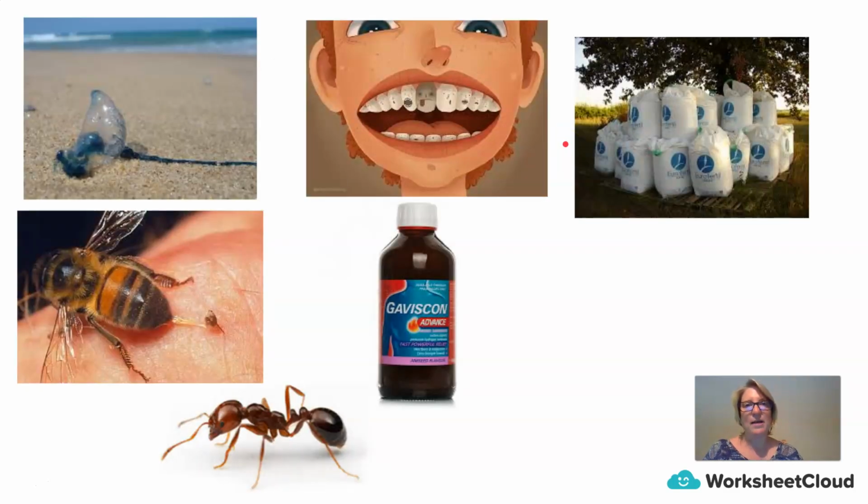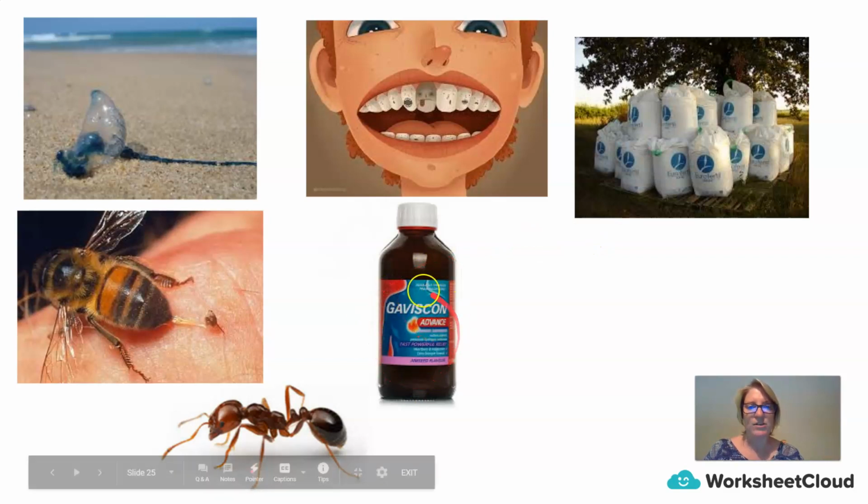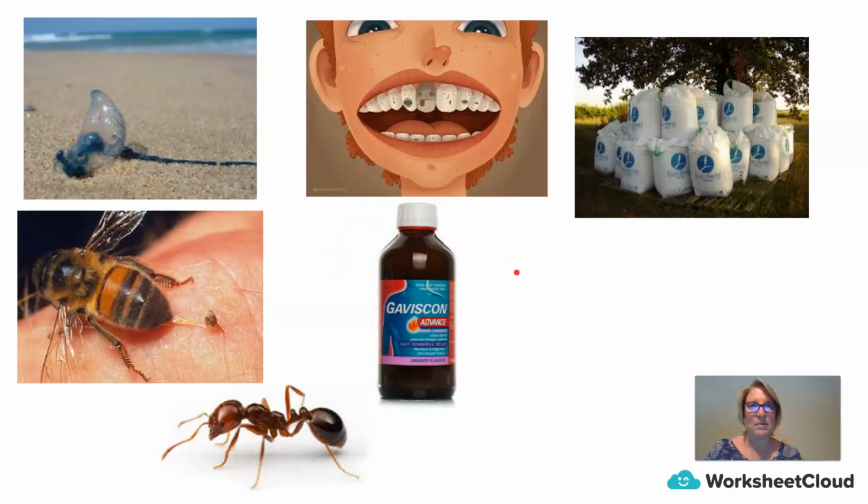So I wonder if you are able to link these pictures up together. Fertilizers are generally alkali, and fertilizers will be added to acidic soil to create the right pH for the crops or plants to grow. This here is Gaviscon. Gaviscon is very similar to Eno's or Rennie's tablets.